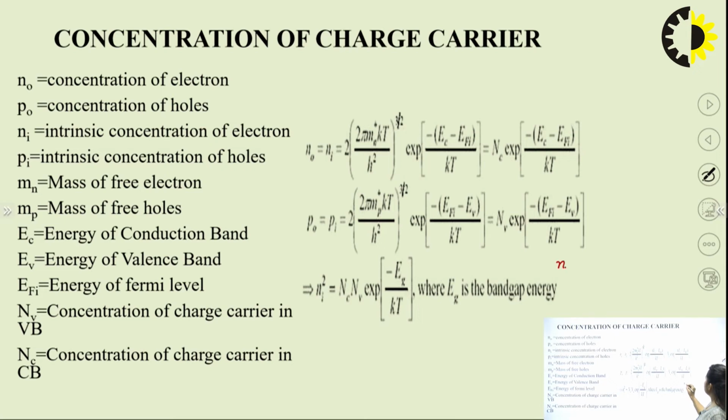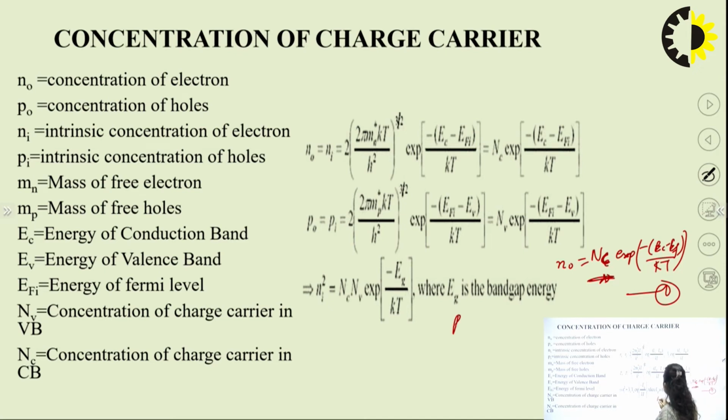So here there are two relationships. The first is N0 is equal to Nc exponential minus (Ec minus Ef) by kT, and the second relationship is for the holes, that is P0 is equal to Nv exponential minus (Ef minus Ev) by kT.